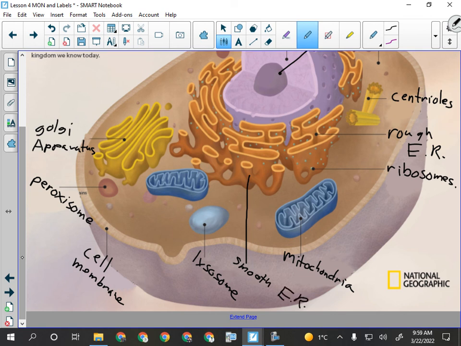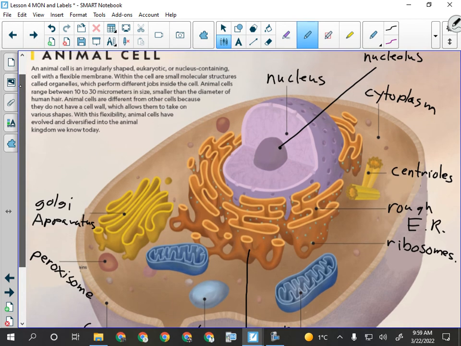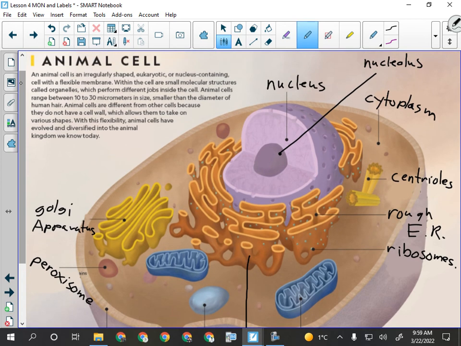All right, that's our smooth ER. And for some reason, the nuclear membrane was also not labeled on here, so we'll give a little label for that too.